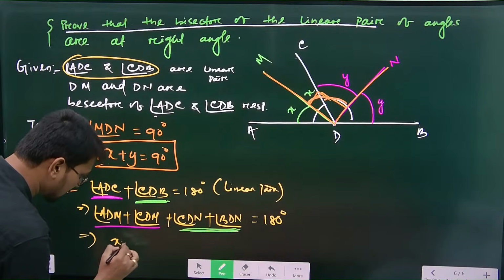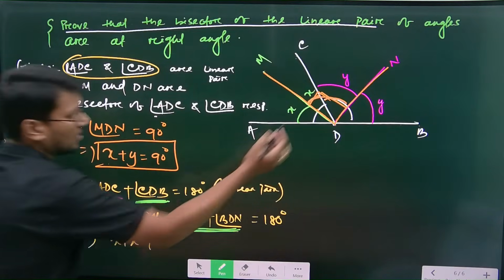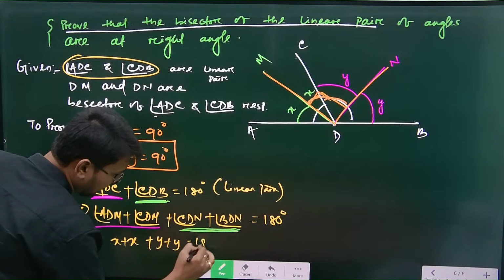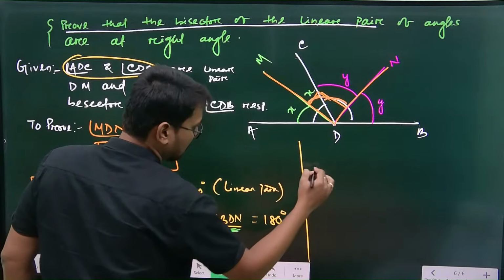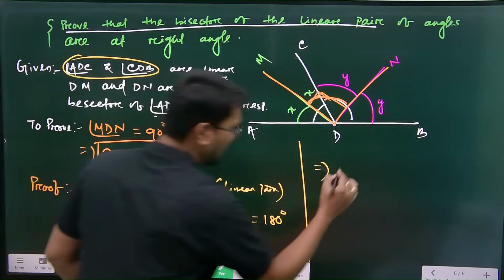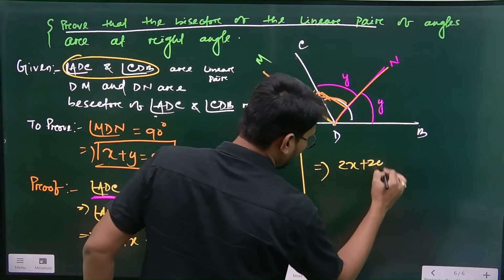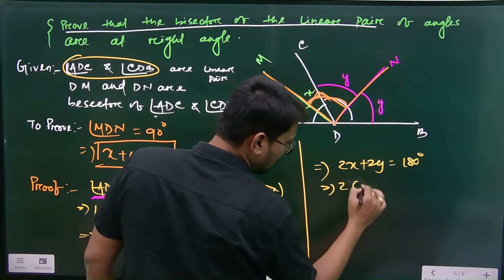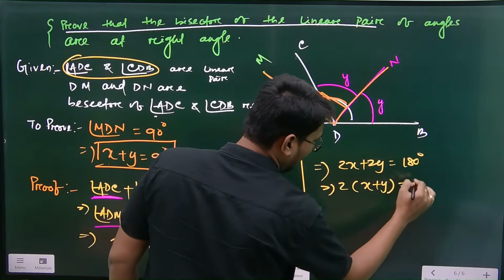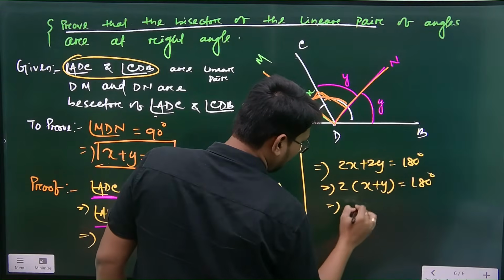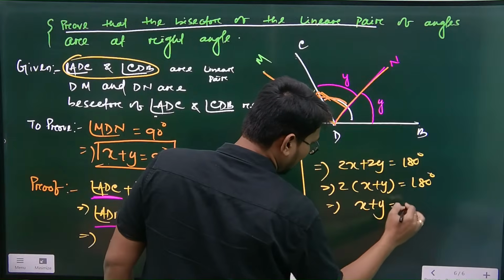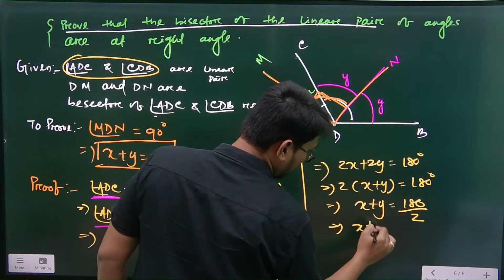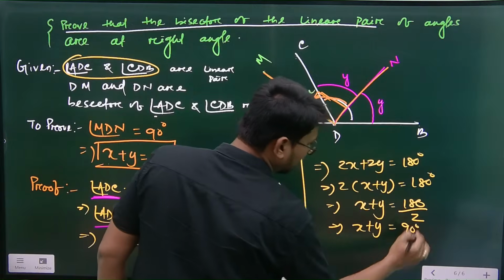Hence x plus x plus these two, what are they? y plus y is 180. So this implies x plus x is what? 2x plus 2y is 180. This implies 2 is common, children, x plus y is what? 180 by 2, that is, x plus y is 90.